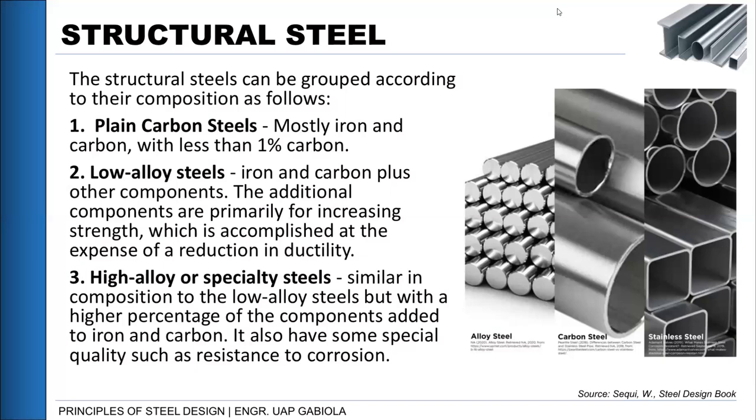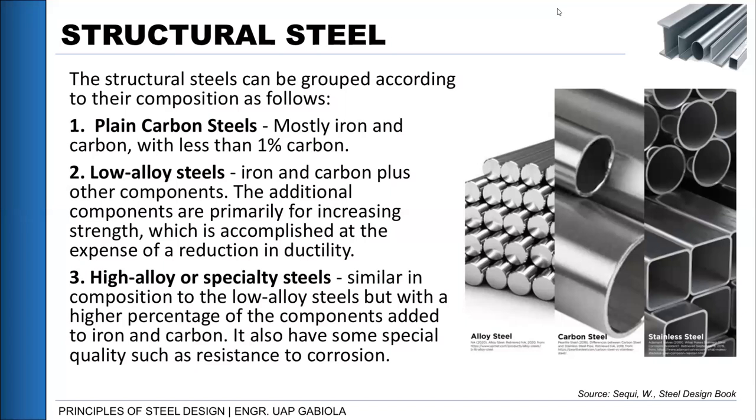So mostly iron and carbon yung composition niya with less than 1% carbon. So this type of steel, nilimit lang yung percentage, yung composition ng carbon. Kasi si carbon, it has a property na mag-develop ng strength but if medyo malaki yung percentage na carbon, nababawasan yung ductility ng member natin.